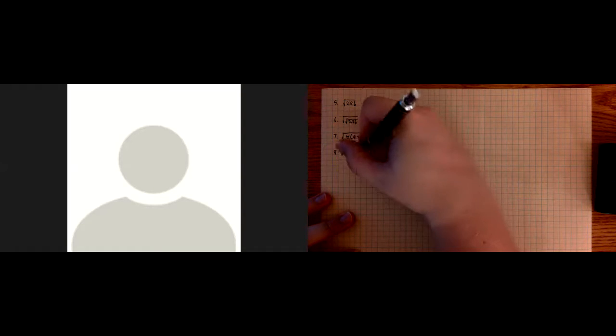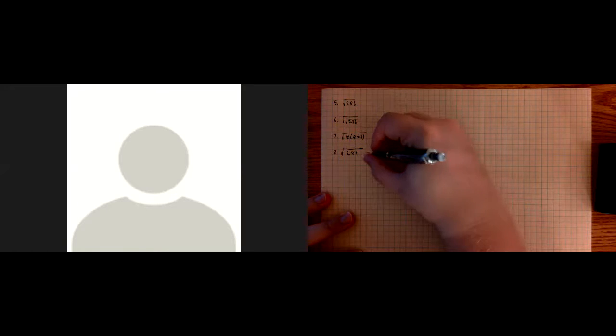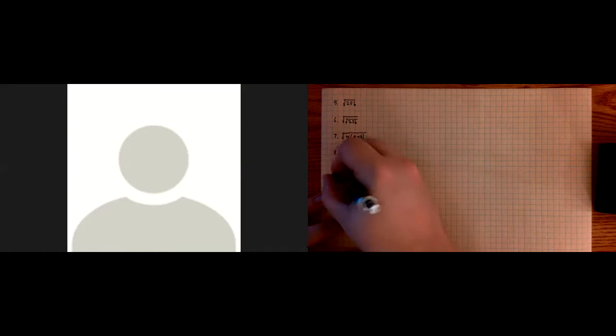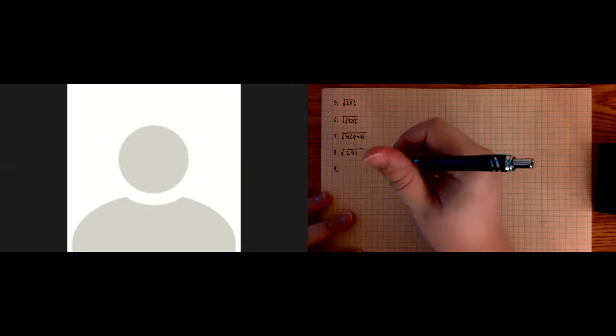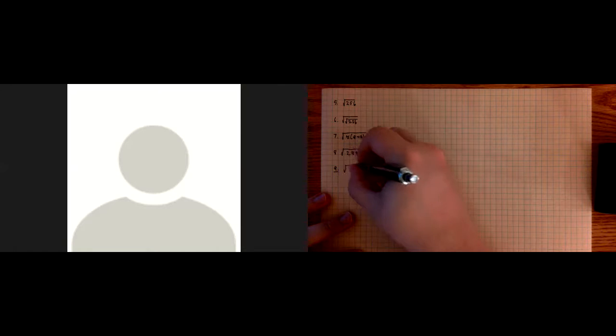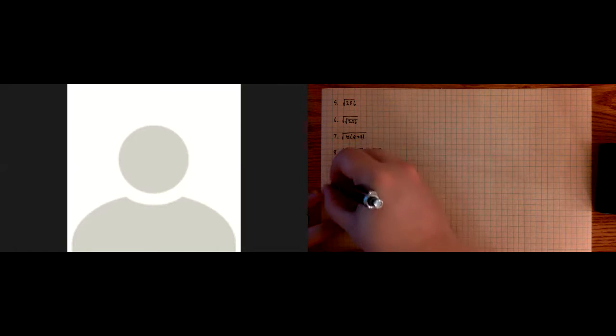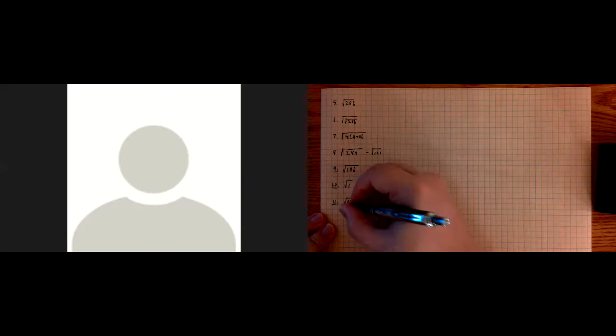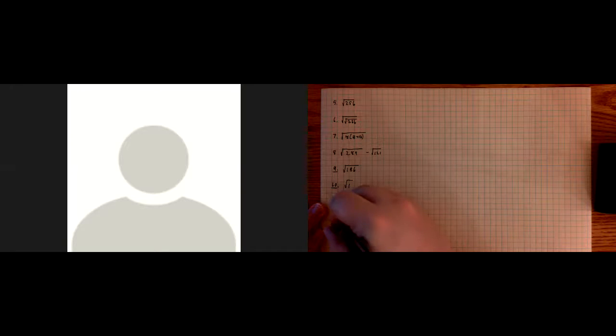Square root of 289 minus square root of 121. 9, square root of 196. 10, easy one. Square root of 1. 11, square root of 98. Wonder where I got that number from in our assignment today.